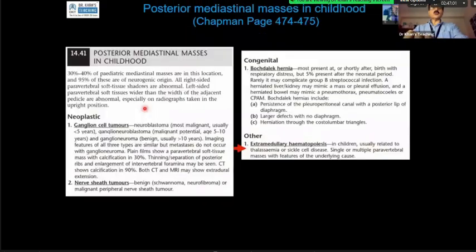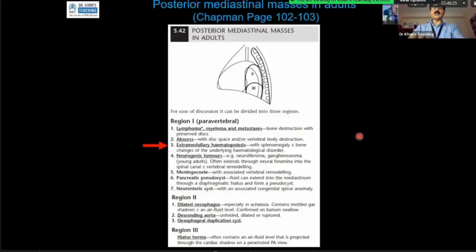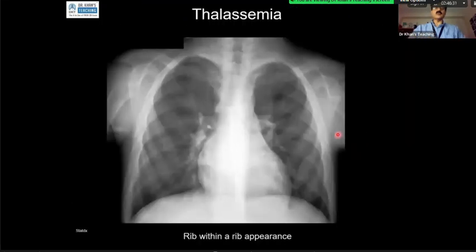In children too, if you see posterior mediastinal masses, extramedullary hematopoiesis is there. In our case, it was a unifying diagnosis. Once you pick up expansion of the ribs, you can be quite confident. And of course, if the examiner wants to show you a lateral, they will show you. If they want to show you a cross-sectional image, they will show you.